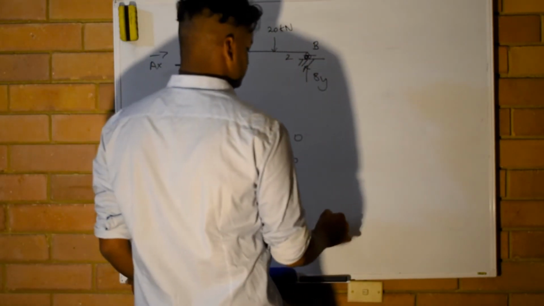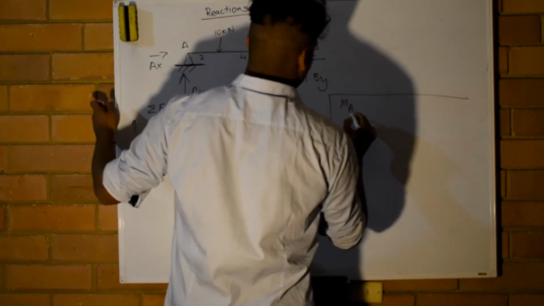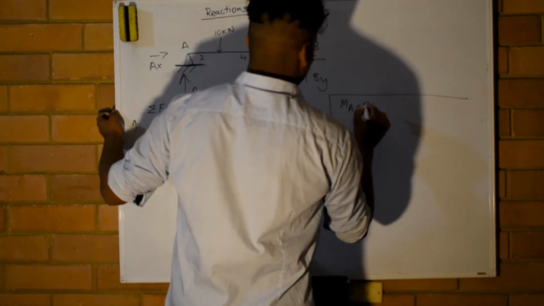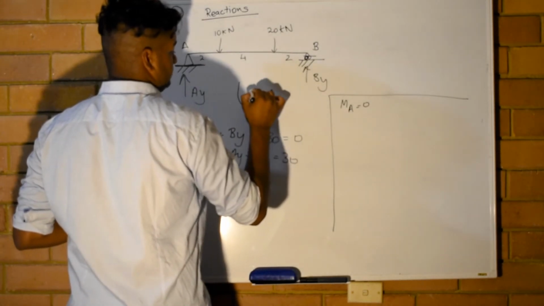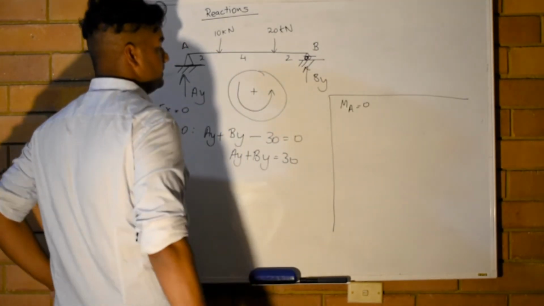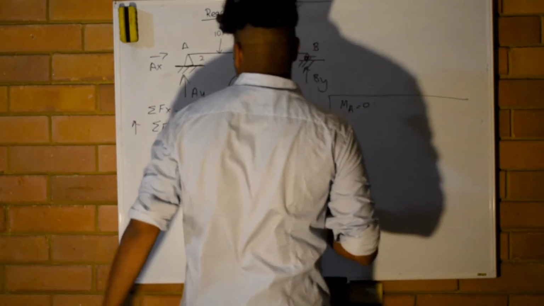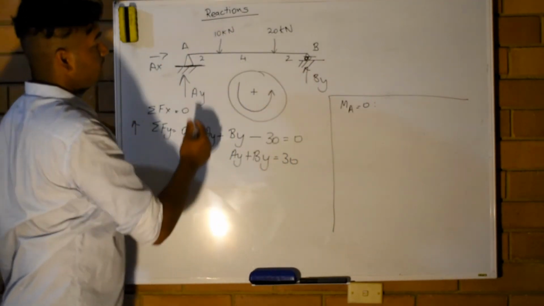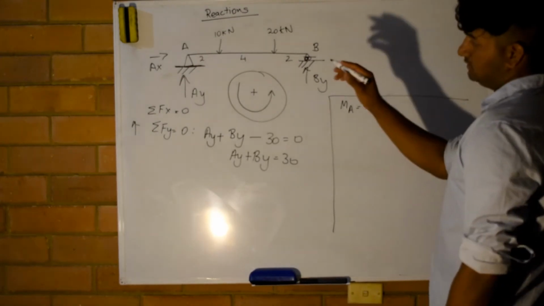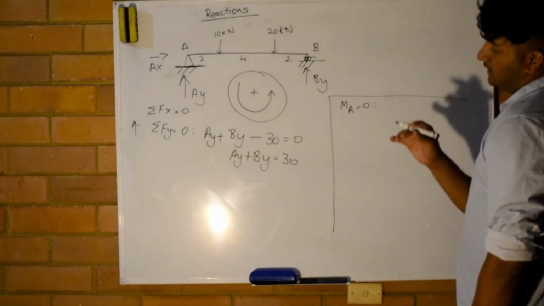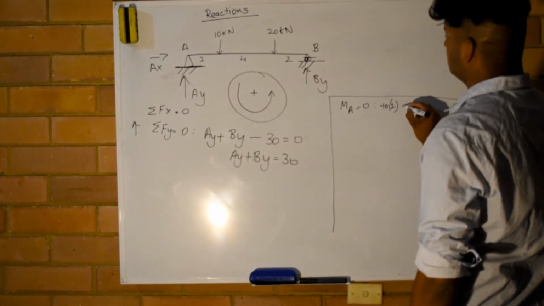Now the next part is to find the moment. The moment around A, because that's the pin, equals 0. Now remember the moment part is anti-clockwise, is more positive, right? So at AY is 0, so the next one is my 10 kilonewtons force, but remember the last one, it's negative, so 10 at the distance, so negative 10, 2.